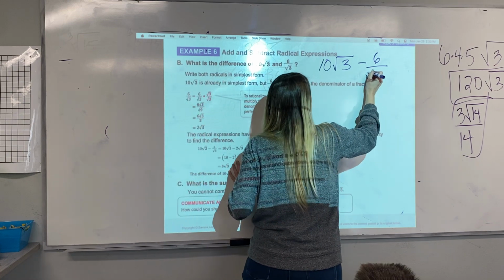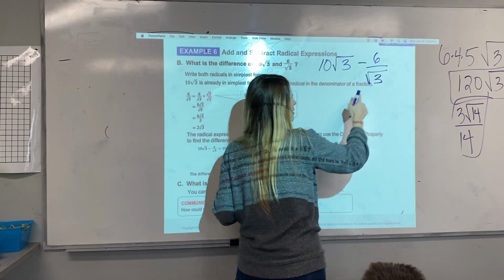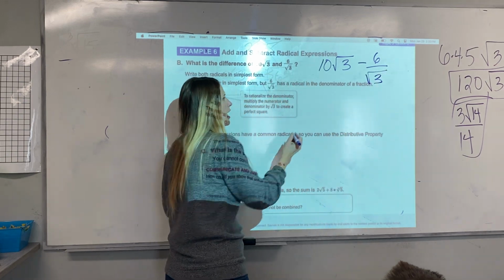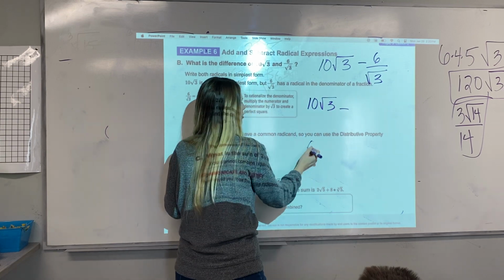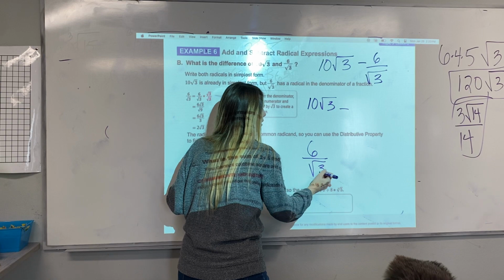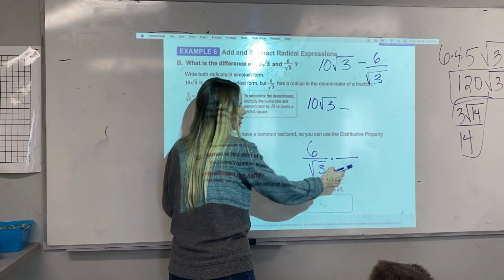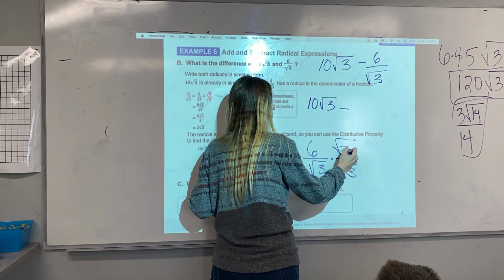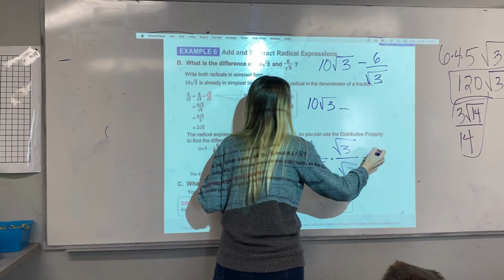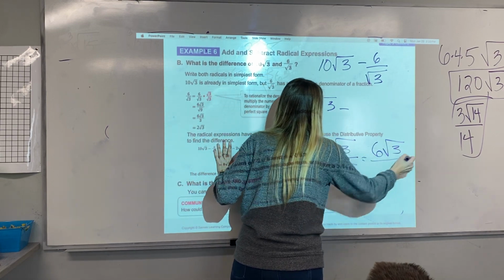So I'm going to get rid of this radical cage, and I'll have 10 radical 3 minus 6 over radical 3, and I'm going to multiply that times what to free it from its radical cage? Radical 3, so I do the top radical 3. 6 times radical 3 is 6 radical 3.